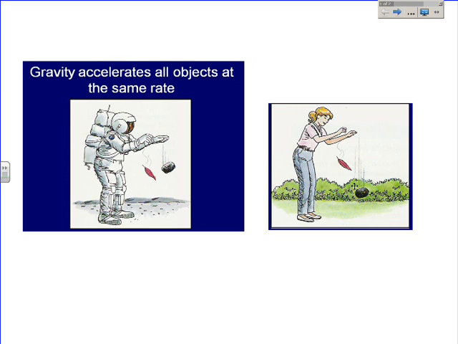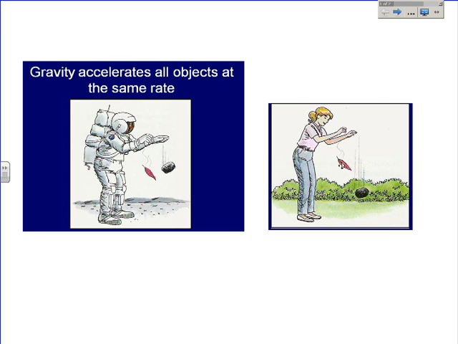But remember, gravity accelerates all objects at the same rate. But in a situation like the one on the right, where gravity isn't the only thing that's affecting the motion of those objects, we won't see that same acceleration for both. Actually, neither of these objects will see that acceleration of 9.81 meters per second squared because neither of them has only gravity affecting their motion.